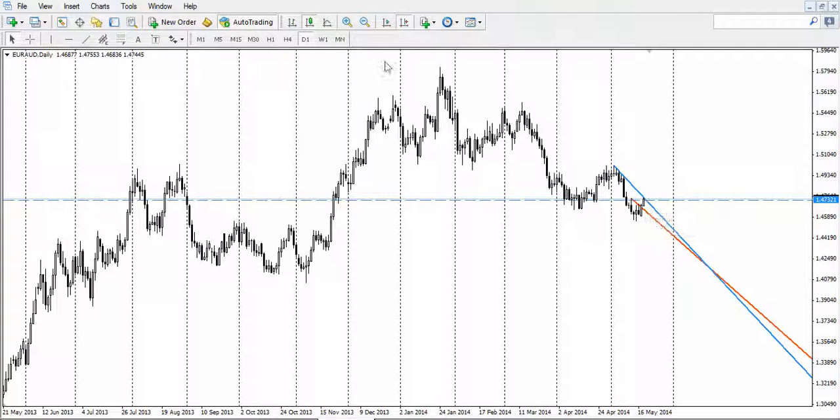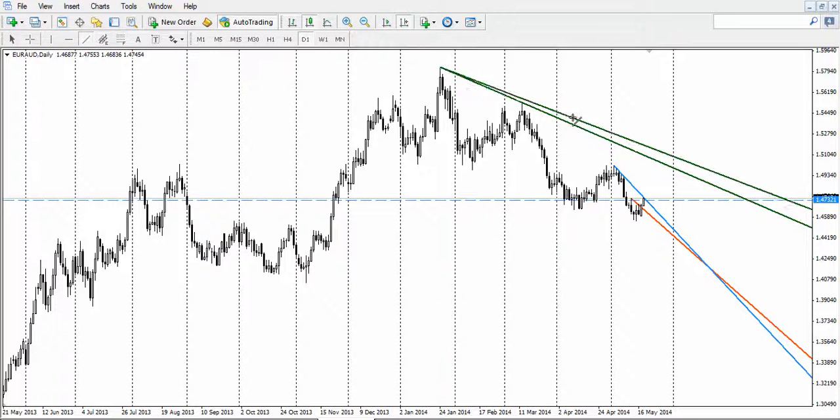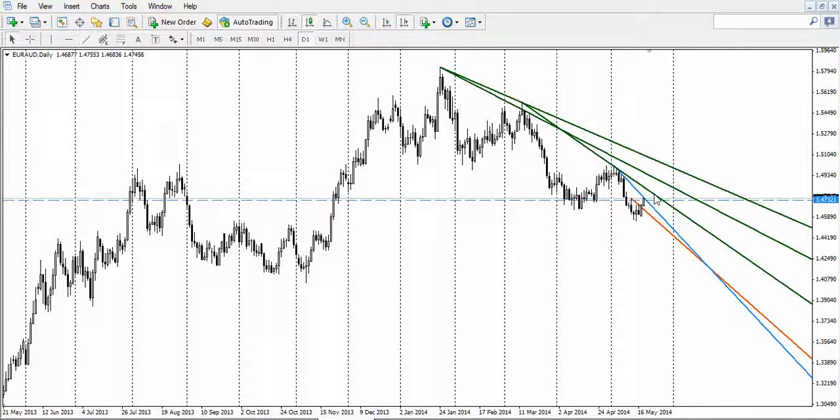It may be that we've got some descending trend lines there. Probably also draw another one here, or even down like that.